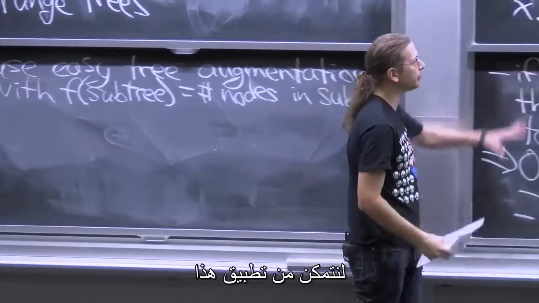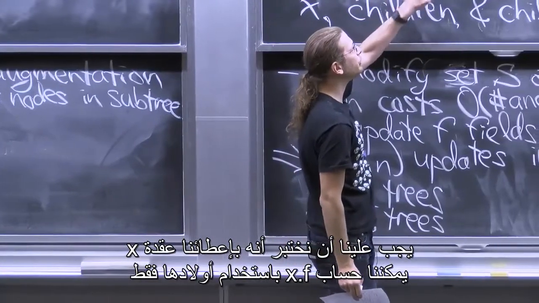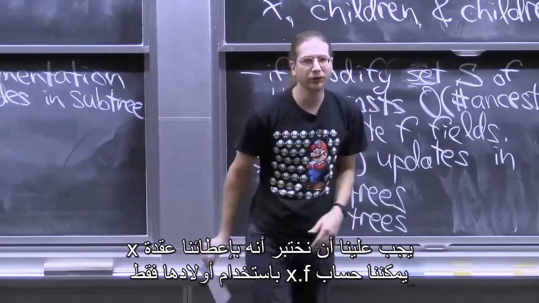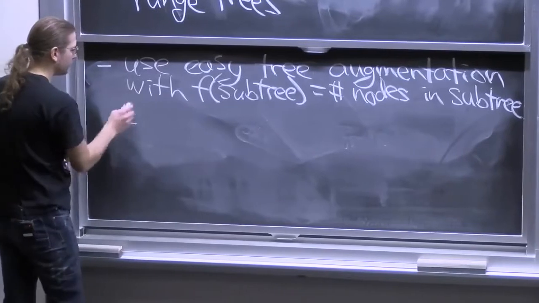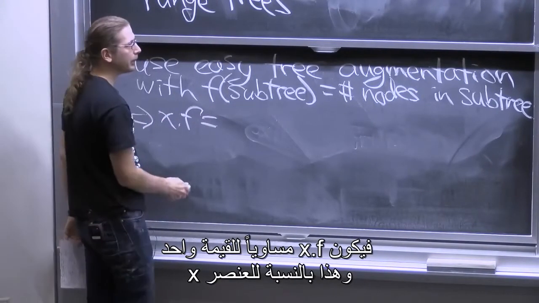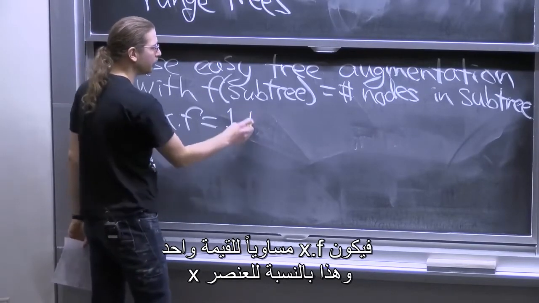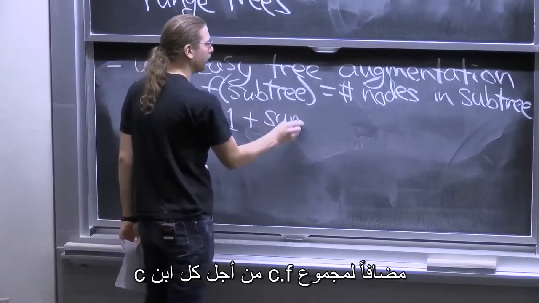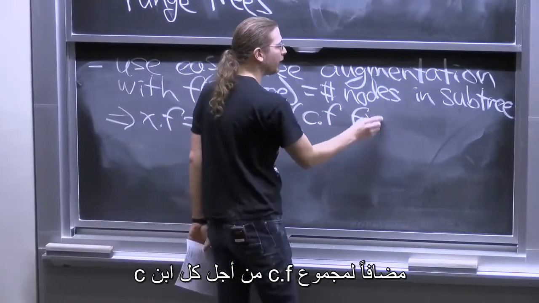So in order for this to apply, we need to check that given a node x, we can compute x.f just using its children. This is easy. We just add everything up. So x.f would be equal to 1, that's for x, plus the sum of c.f for every child c.